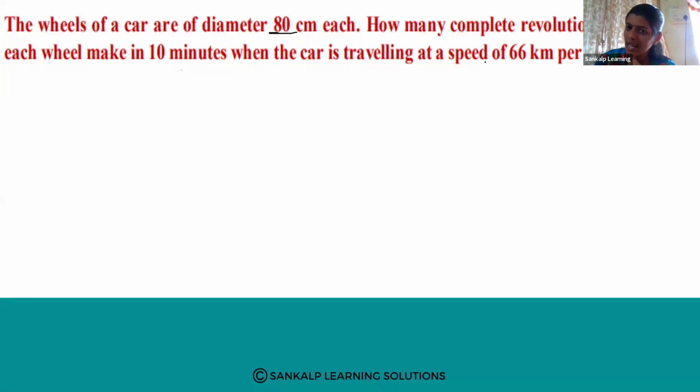When the car is traveling at a speed of 66 kilometer per hour, the speed they have given, that is 66 kilometer per hour. How many complete revolutions does each wheel make in 10 minutes? So this is our question. The wheels of a car are of diameter 80 centimeters.